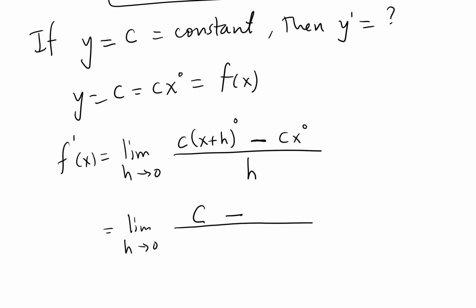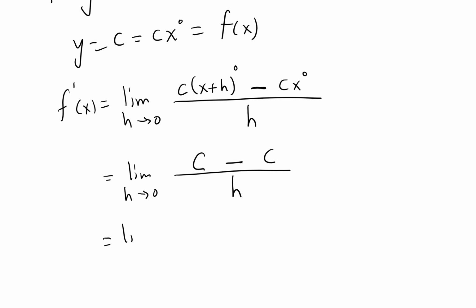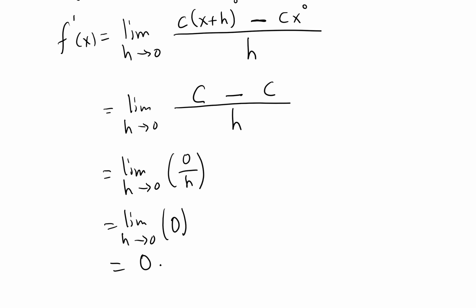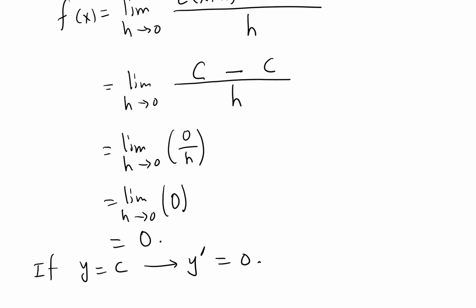So I got c minus c, another 1, over h. Remember, h is not 0, but it's approaching 0. So on the top we got 0 over h. So what I'm getting here is the limit as h goes to 0 of 0, which is 0. That tells us that the derivative of any constant, so if y equals c, y prime is 0. So the derivative of any constant is always 0.